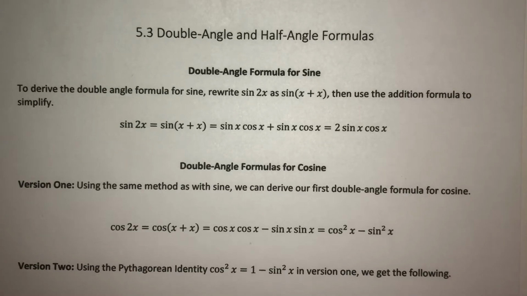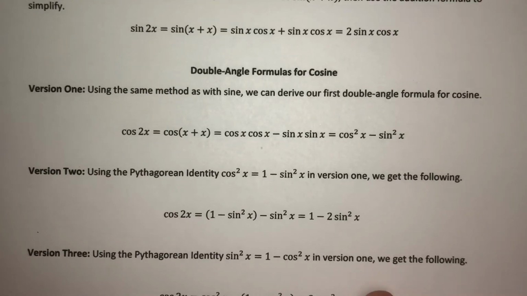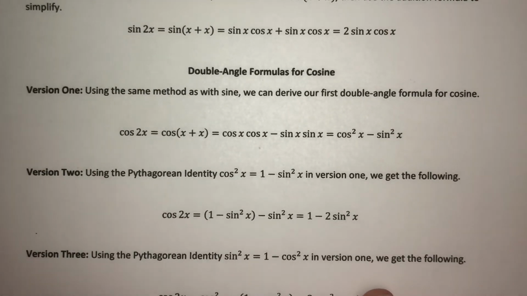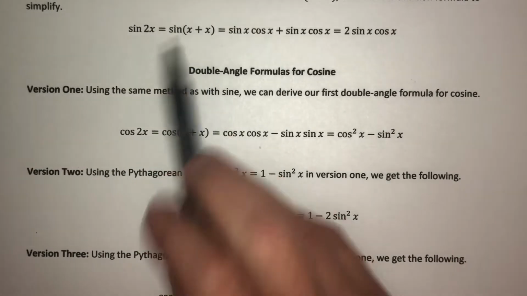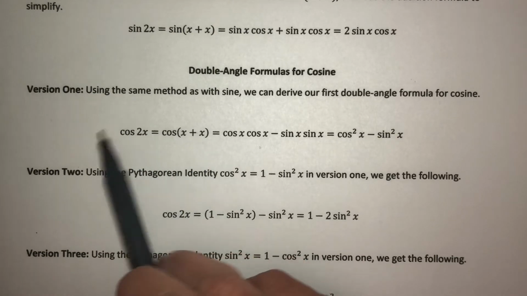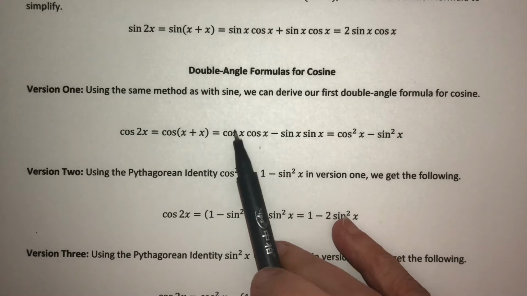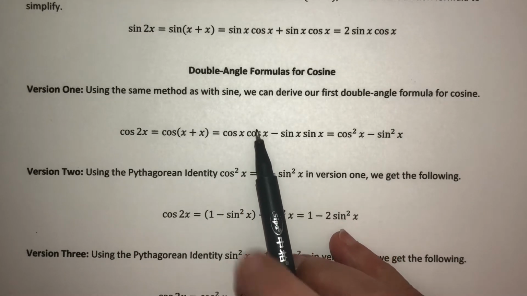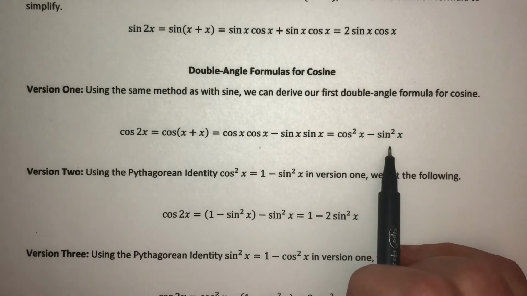Okay. Now for the double angle formula for cosine, we have several different options. If you go directly, using the same method we did before, where we replace 2x with x plus x, and then use the addition formula from the previous section, we have cosine x minus sine x, which is cosine squared of x minus sine squared of x.